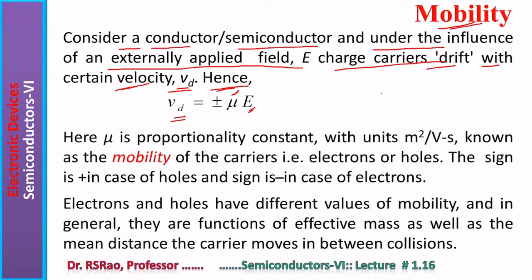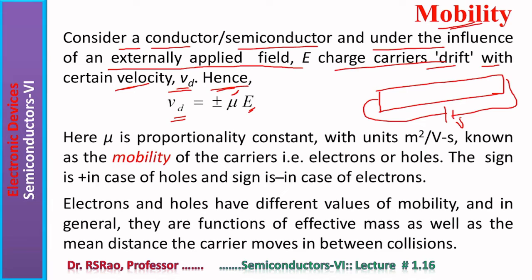What is this E? Consider a slab, apply voltage. Let us say this voltage is V. Voltage is also called potential. Now, if the length of the slab is L, V by L. V is a potential, L is length, V by L is called potential gradient.